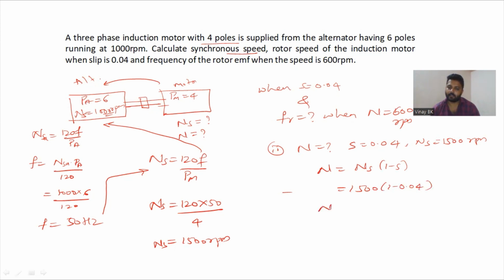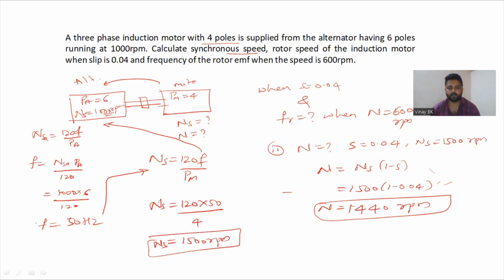You get N, which should be less than synchronous speed: 1440 rpm. So 1440 rpm is the motor speed; the synchronous speed is 1500.